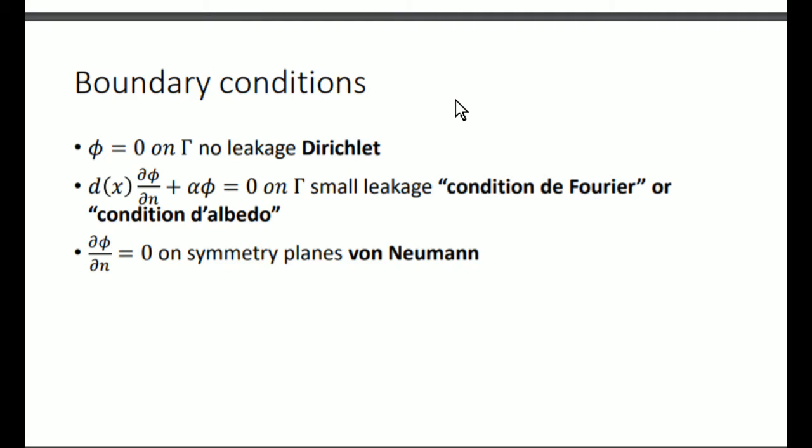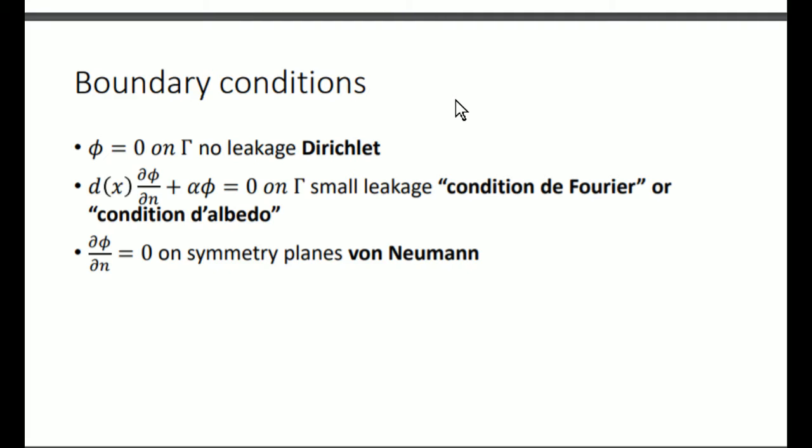It's called the Dirichlet condition. I've heard some teachers pronounce it differently, but I'm pretty sure it's wrong. I don't know. So this represents the fact that no neutron will leave the reactor.